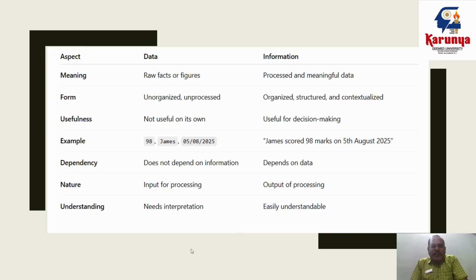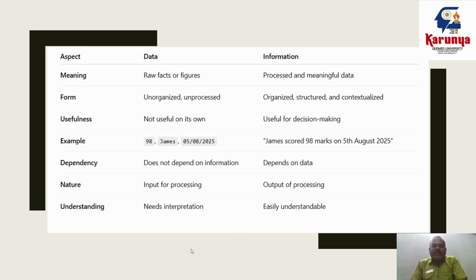So here is the table distinguishing data and information. There are some aspects when we compare data and information. The meaning of data is raw facts or figures. The meaning of information is processed and meaningful. What form is the data available in? It is unorganized and unprocessed. But information must be organized, structured or contextualized.